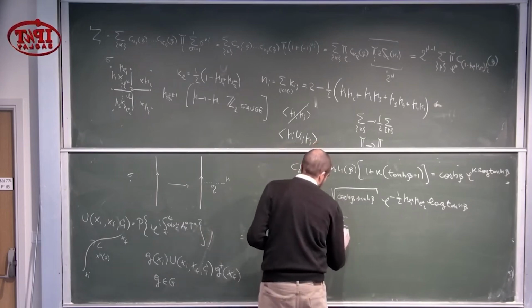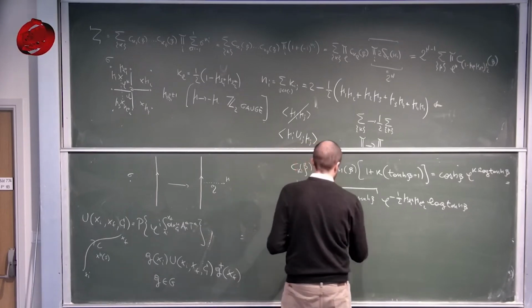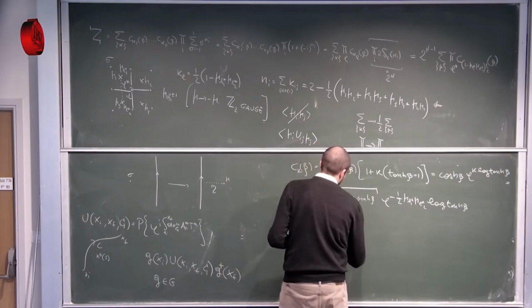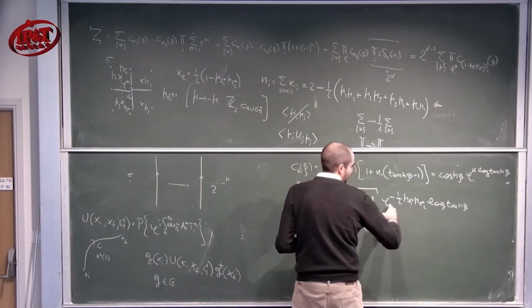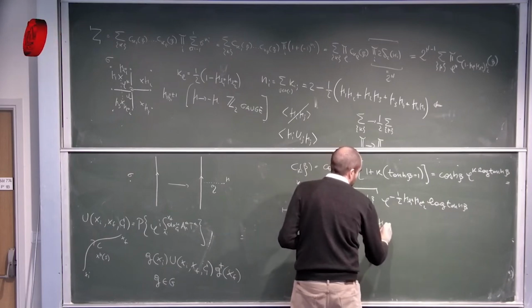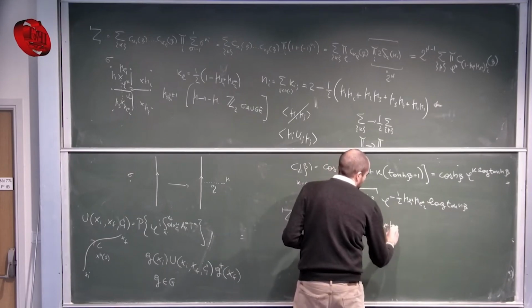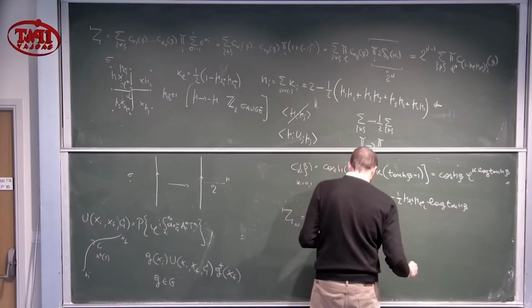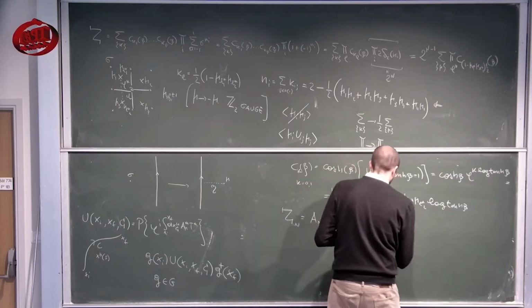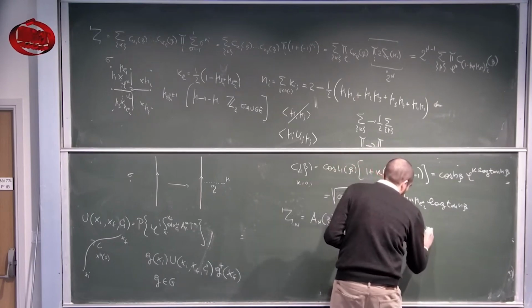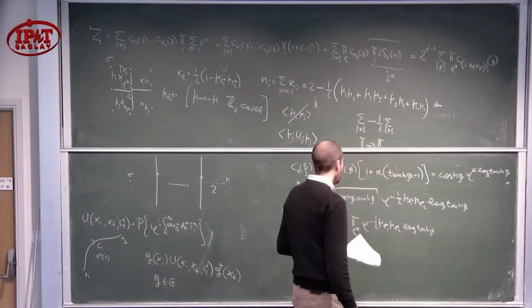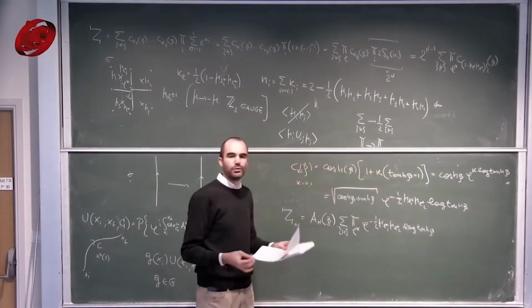Then we still have the sum over all the dual spins and the product over the dual links of e to the minus 1/2, so of these expressions essentially. And now all we need to do is the inverse of what we did before.